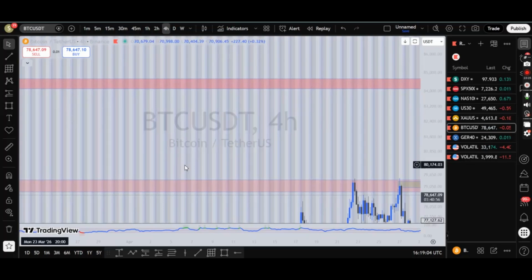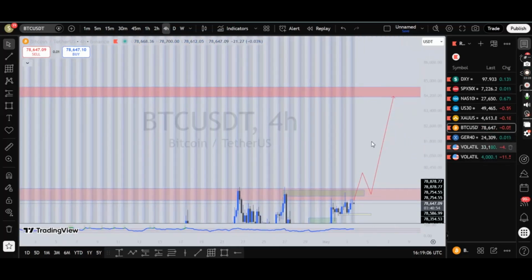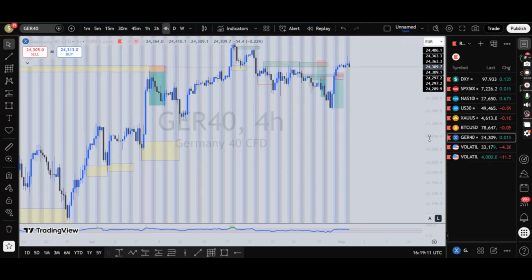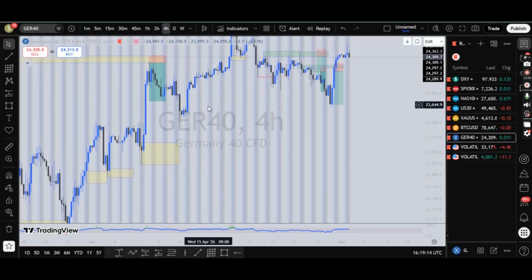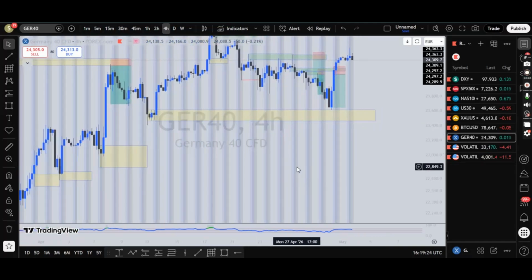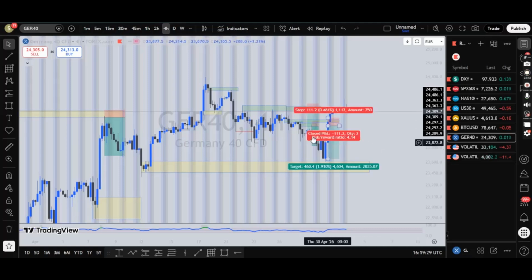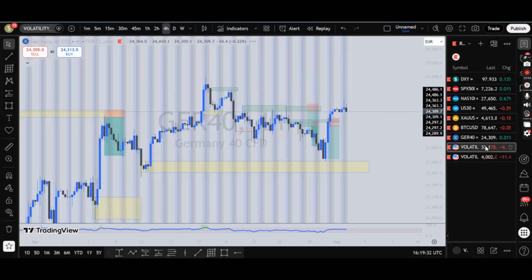For the rest, Gemini 40, I am still testing the waters on Gemini 40. I have not yet mastered it. I'm still testing my strategy. My supply and demand zone strategy has been showing up quite positive on Gemini 40, although I don't trade it. I didn't take all these trades, just testing the zone. This is indices, volatility.